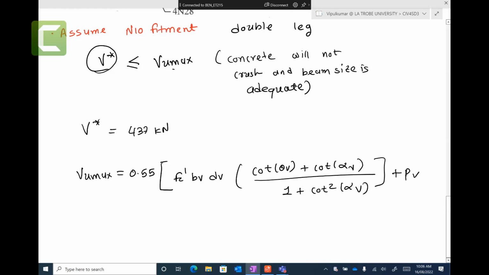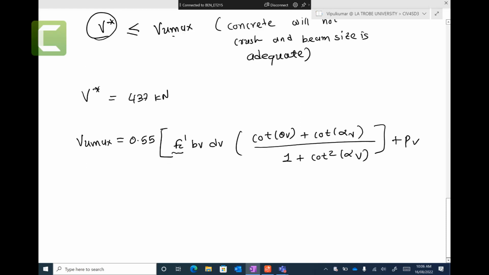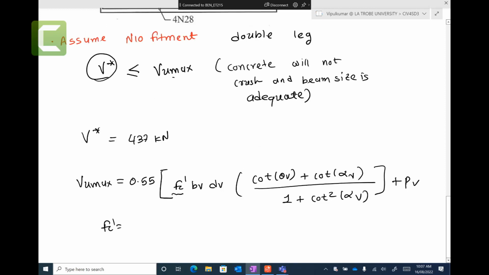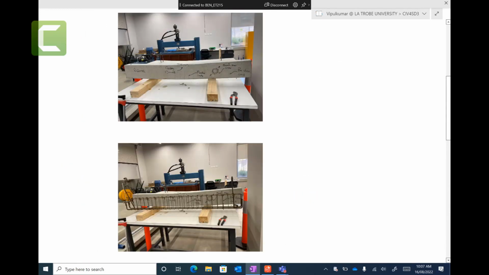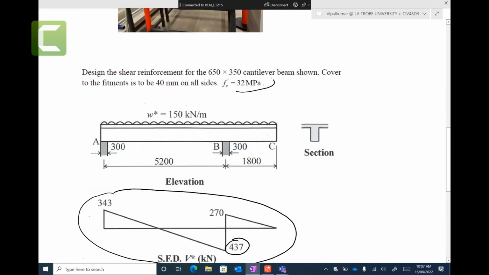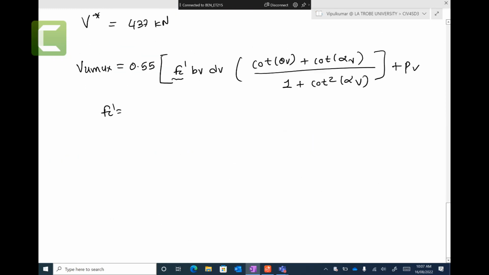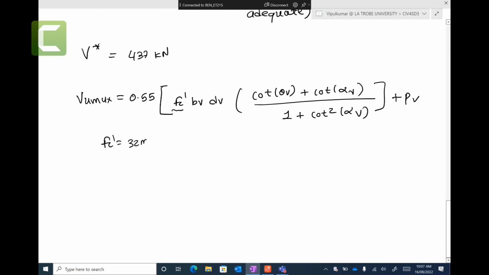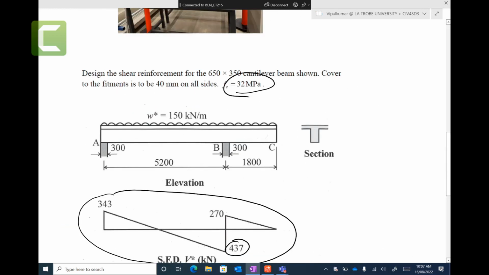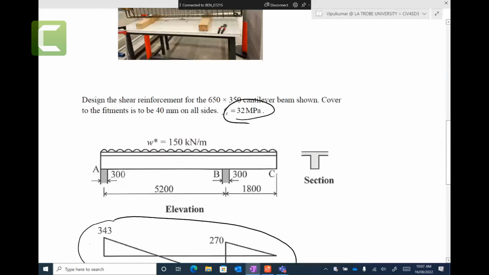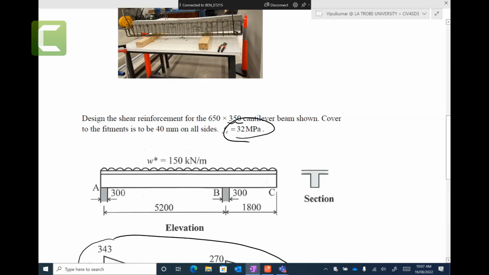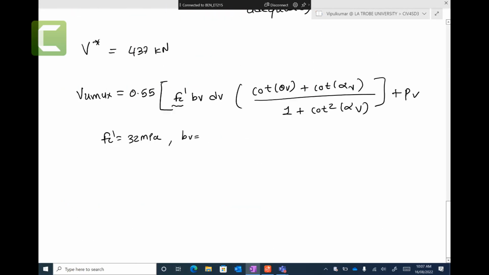Now let's do it one by one. f'c is given to us, 32 megapascals. bv is given to us here, 350 millimeters. dv, we need to find that dv.